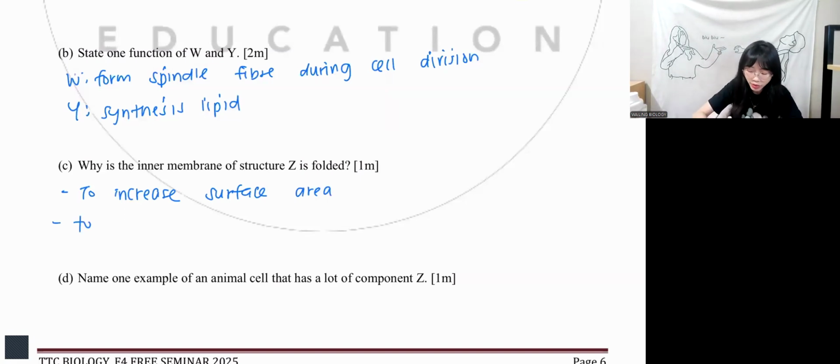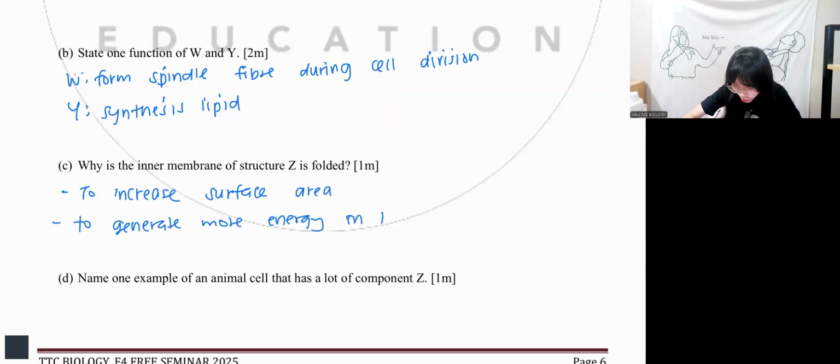One more sentence, you're going to write to generate more energy in the form of ATP by a process. What is a process in mitochondria? To generate energy is by a process called cellular respiration, correct?